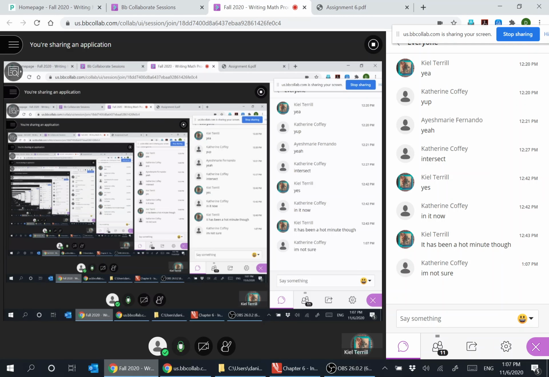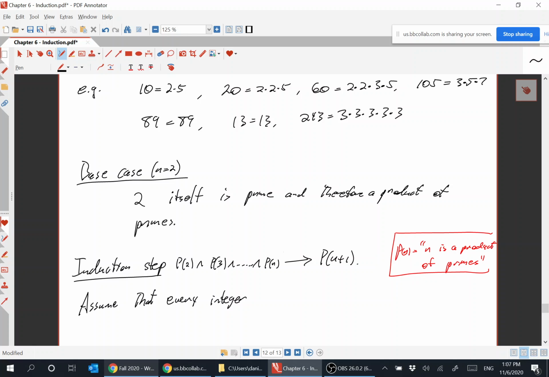Every integer from 2 to n is a product of primes. Yeah, you could say every integer from 2 to n is a product of primes, or every integer in the set 2 to n is a product of primes. That's what Pn is.